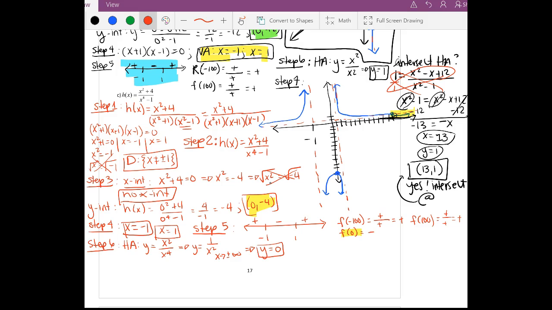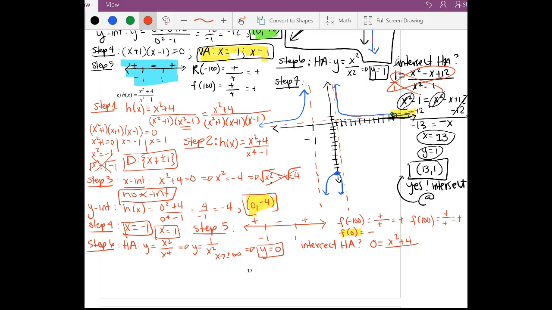Now let's see. Intersect HA, question mark, right? Because I need to show this. I forgot it last time. So we're going to take 0, and we are going to set it equal to your original equation or the factored form. That is not important because they are both not reducible.